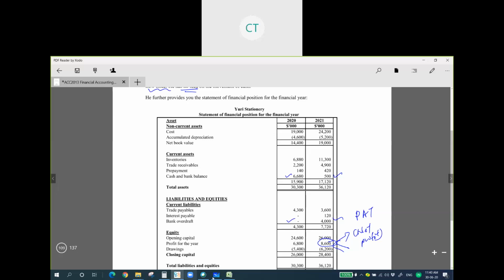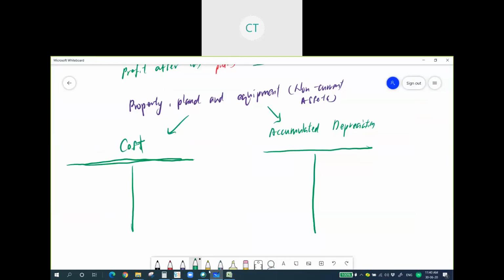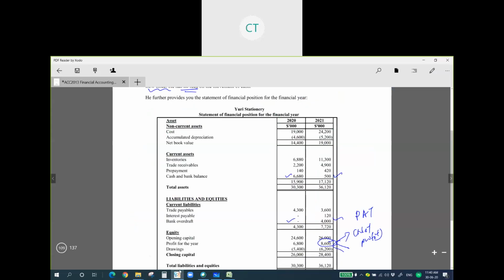So we have a balance b/d 19,000 and also balance c/d 24,200.